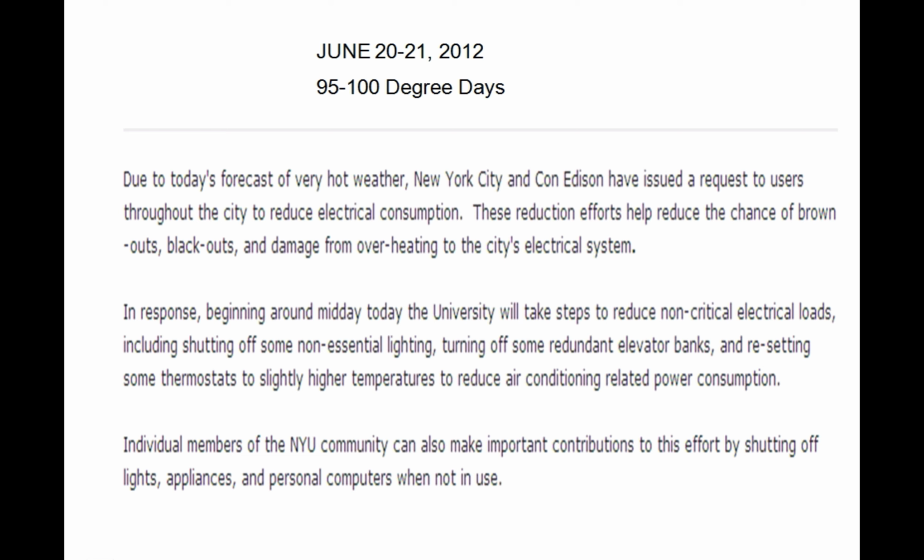And all this is to prevent localized blackouts on the system throughout the area, particularly if there's a heat wave, a number of hot days in a row where the system just starts getting overburdened, or the entire Northeast is in a hot streak for a long time where there's just heavy demand on all the electrical producers. So we try to do everything we can to reduce the number of incidents.